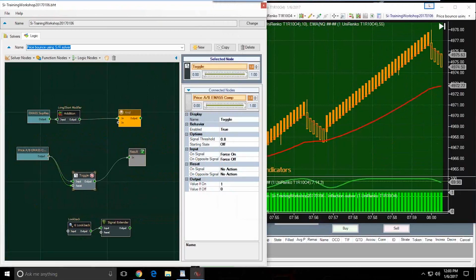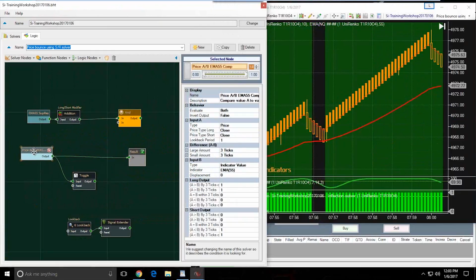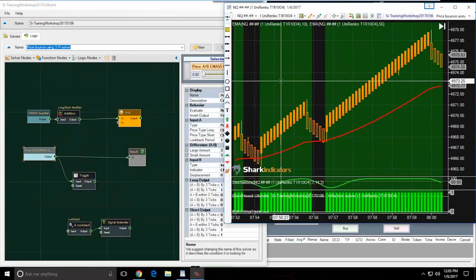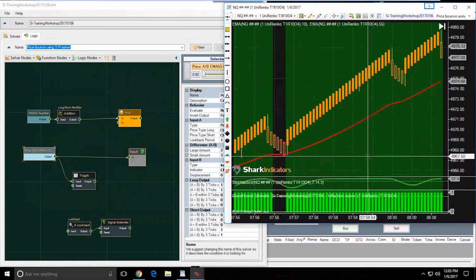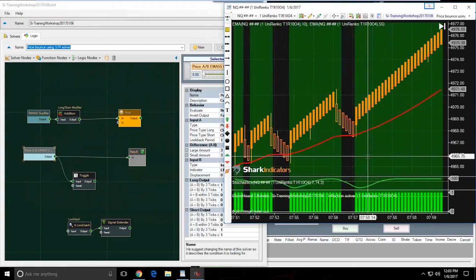Which was a little different than what we had originally built here. You notice how before we had these gaps in here.